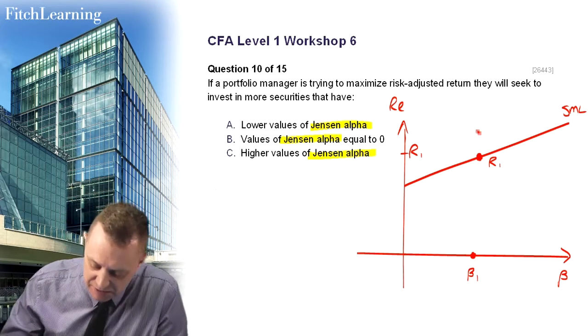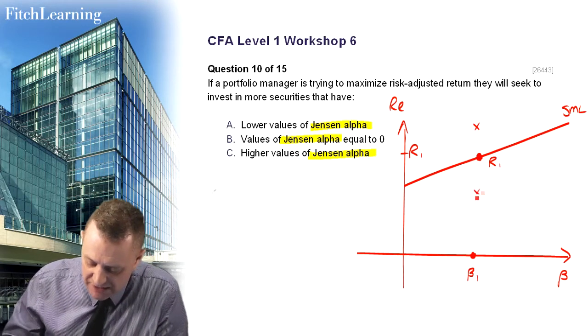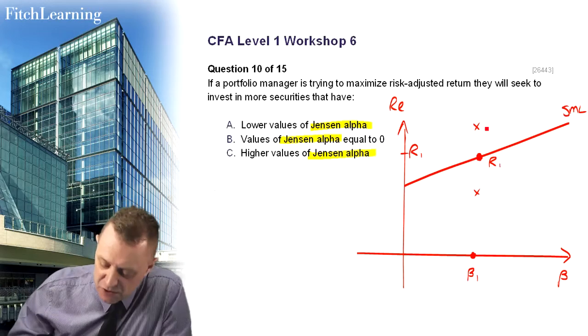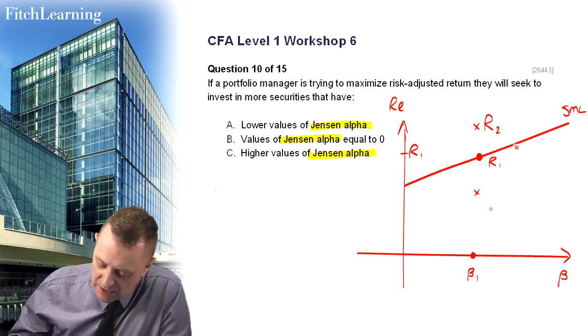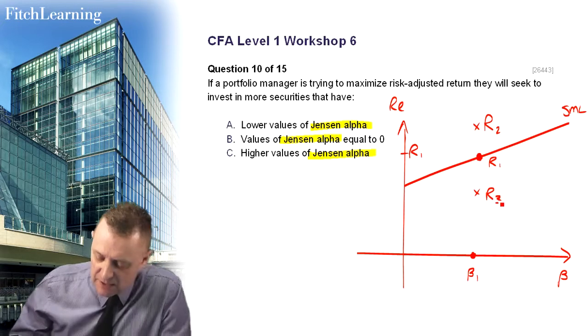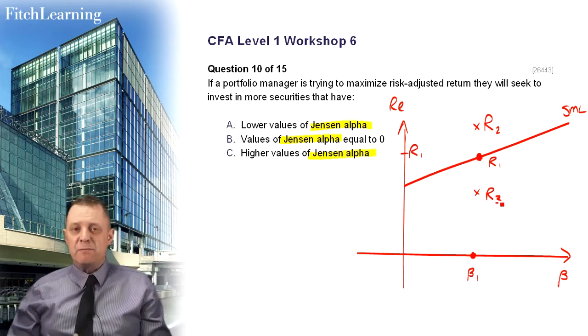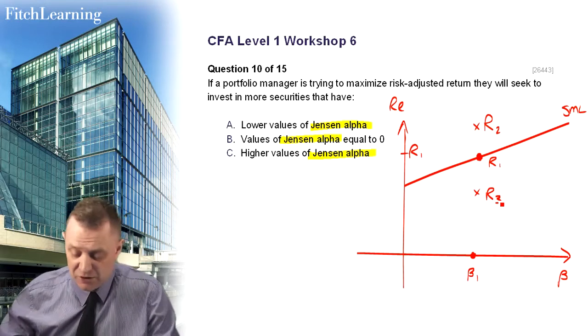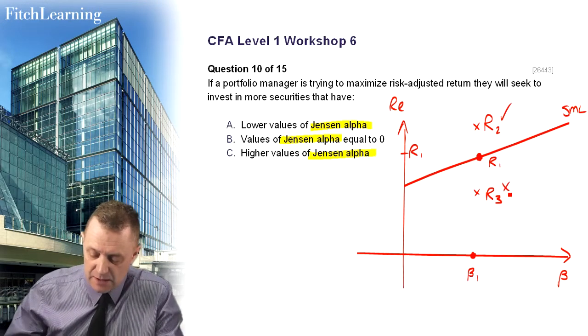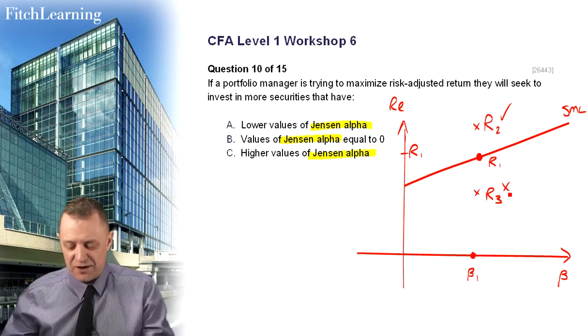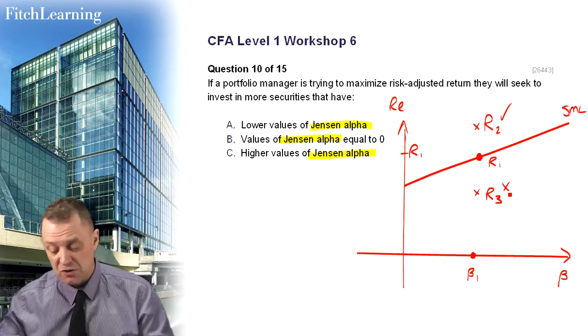I might actually have a return up here or a return down there. Let's call this R2 and this one R3. Now, clearly, for a given level of beta, I'm going to much prefer to have R2 than R3. And what the question is actually asking is, are you looking for R2 or are you looking for R3?